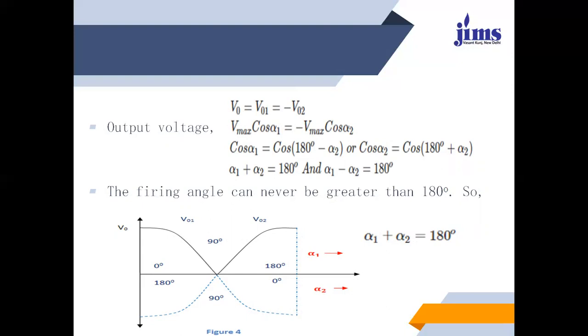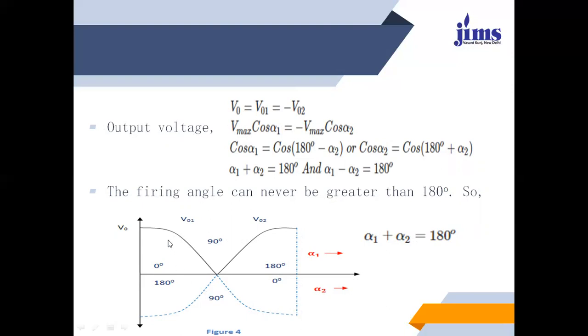Cos alpha 1 equals cos of (180 degrees minus alpha 2). So cos alpha 2 equals maybe cos (180 plus alpha 2). So alpha 1 plus alpha 2 equals 180 degrees, and alpha 1 minus alpha 2 becomes 180 degrees. The firing angle can never be greater than 180 degrees.